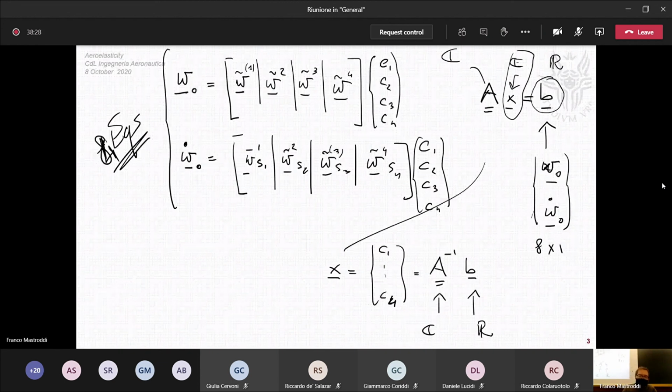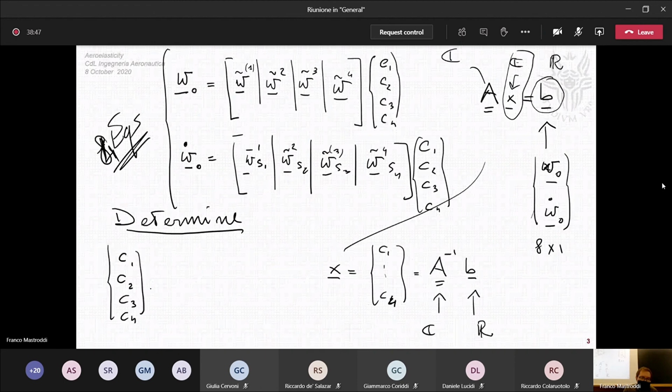So you can determine the C coefficients, as X coefficients, equal to this A matrix. This A matrix is obtained easily by putting the two matrices here and here, one on the other.